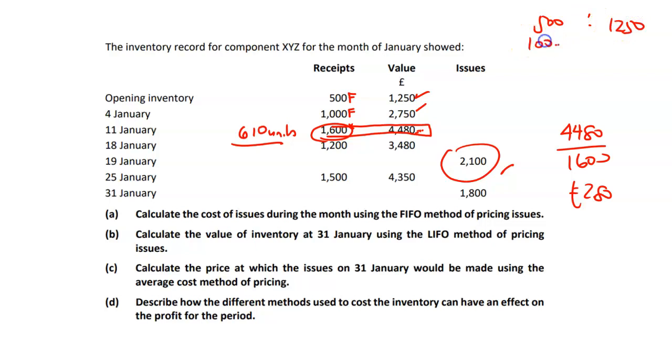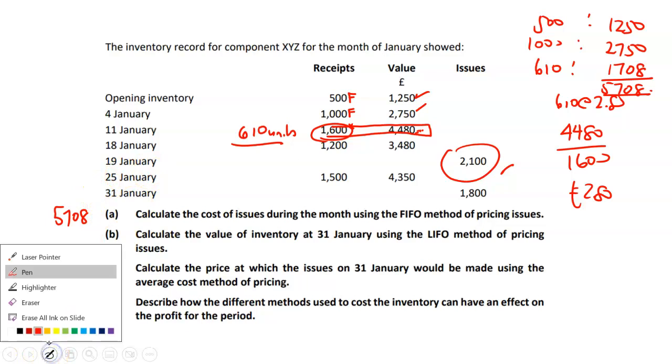I will say 1,000 at a total cost of 2,750, and I will say 610 units at a total cost of 610 times £2.80, which gives us 1,708. Add those together, 2,750 plus 1,250, and that's 5,000. That's 5,708, right? And that would be the answer there. That's the value of those issues, 5,708.